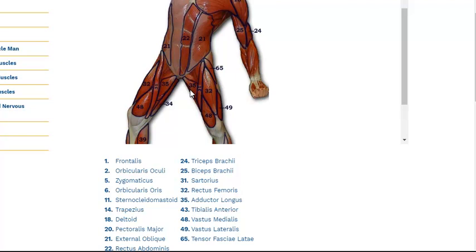So abduct would be like to kidnap someone, to take them away. So abduct takes things away. Adduct pulls them in closer to the midline of the body. So that's the adductor longus right there. And it'll help you pull your legs together right there. And remember, you've got one on either side.